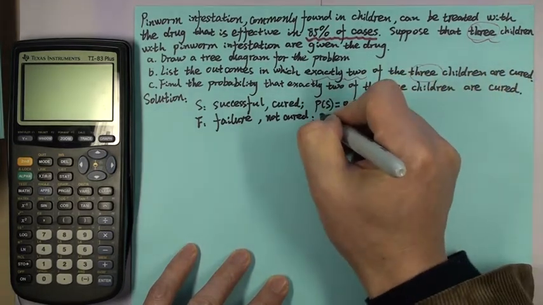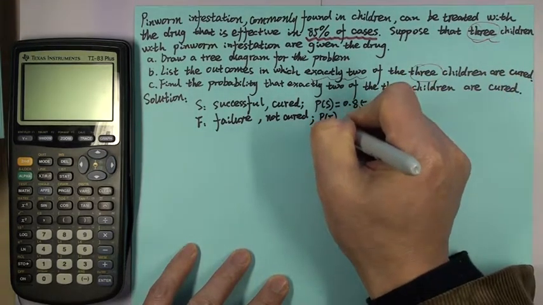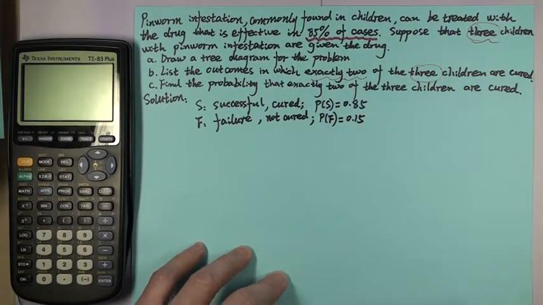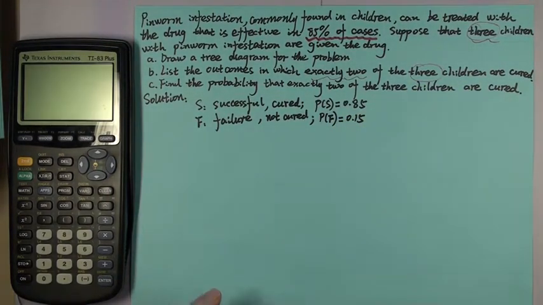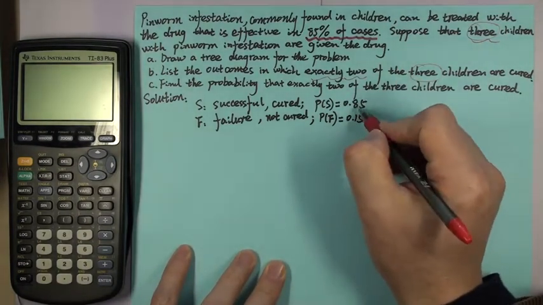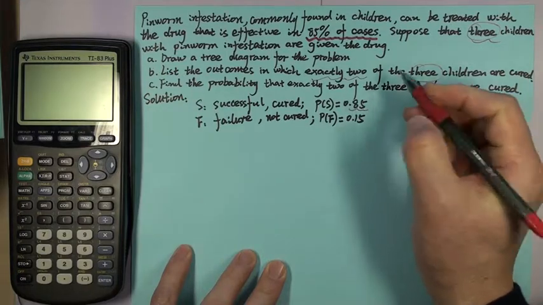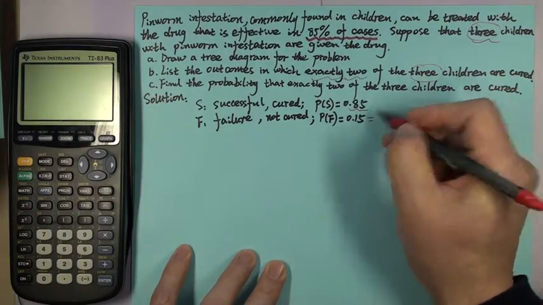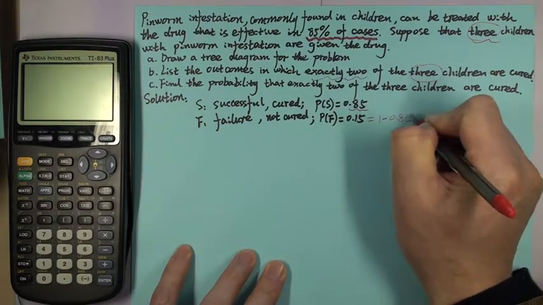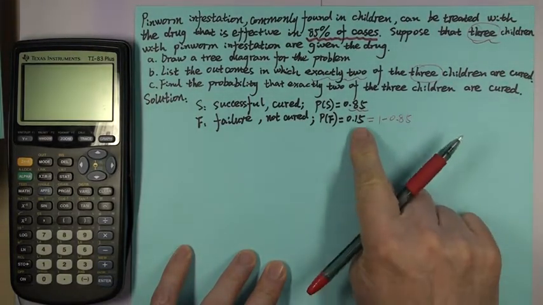And then P of F will be what? 0.15. You may say, how did you get that? Look, successful rate is 0.85. Then failure rate, of course, is 1 minus 0.85, which is 0.15.